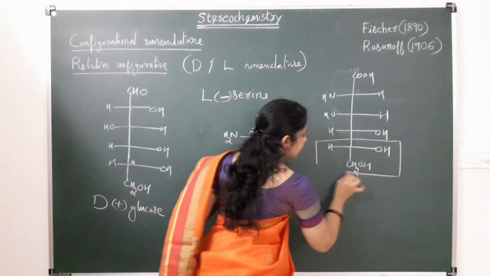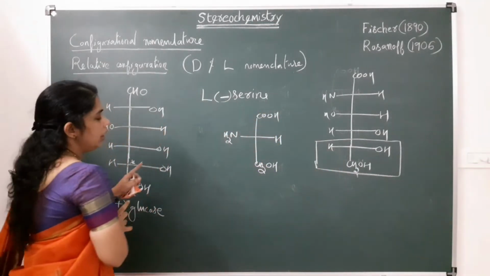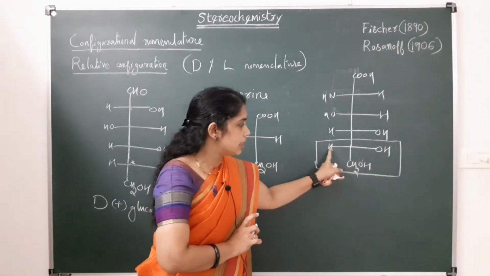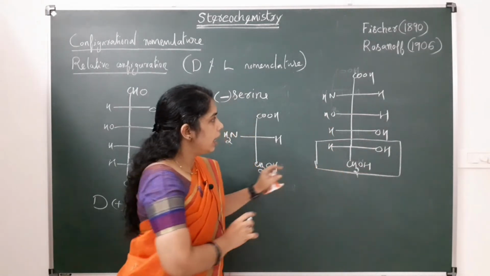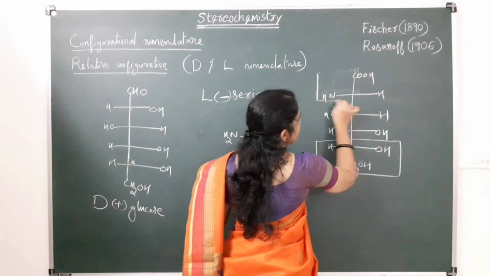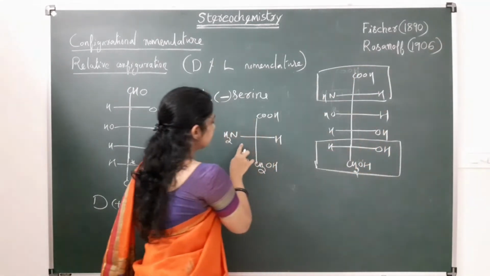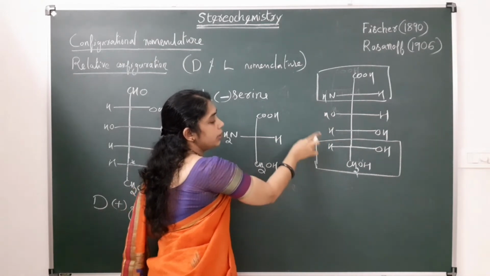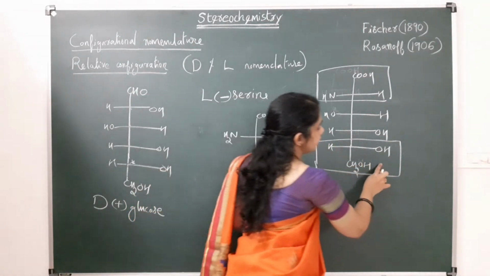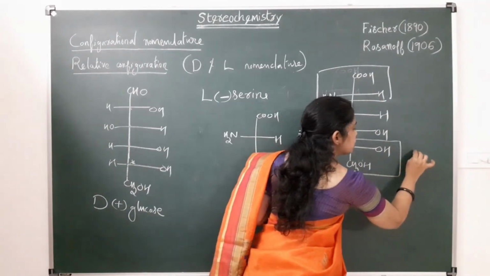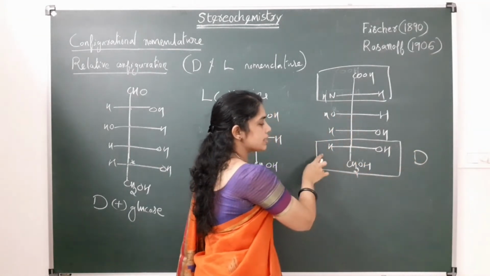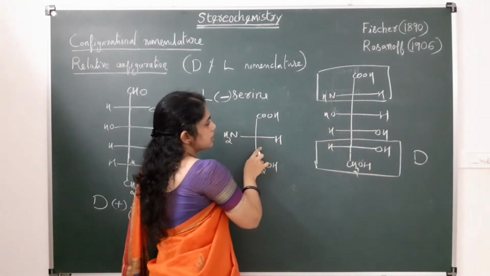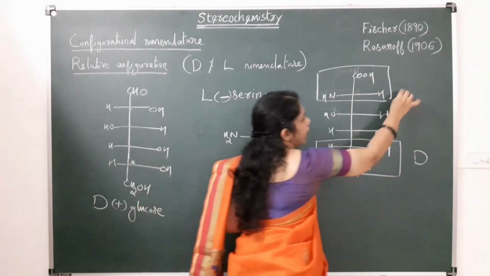When we look at this side, it is similar to glyceraldehyde, isn't it? Glyceraldehyde is CH2OH, CHOH, CHO. But at the top side, it is similar to this serine. Here both cases are present. So when we compare this side to glyceraldehyde, it is D. But when we compare this to the amino acid molecule, it is actually L.